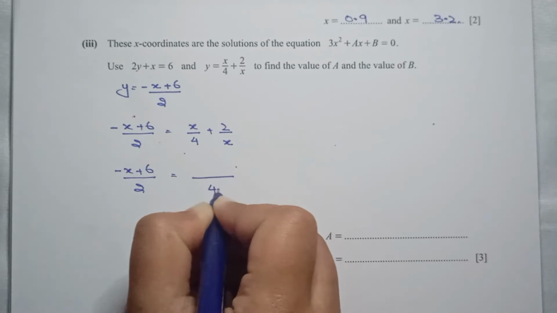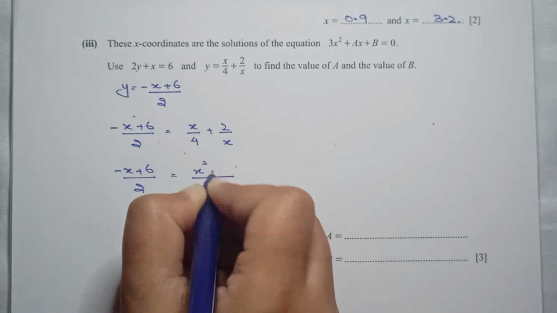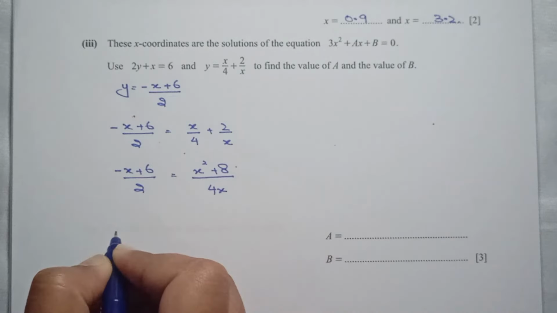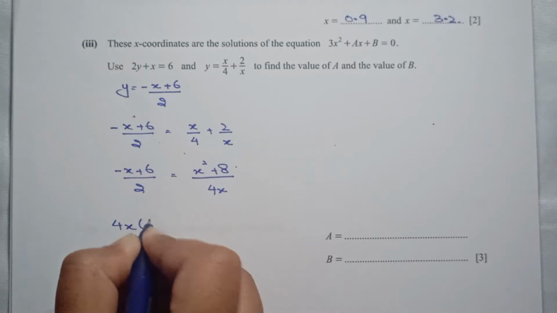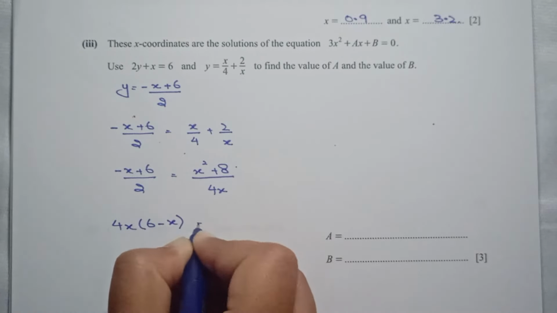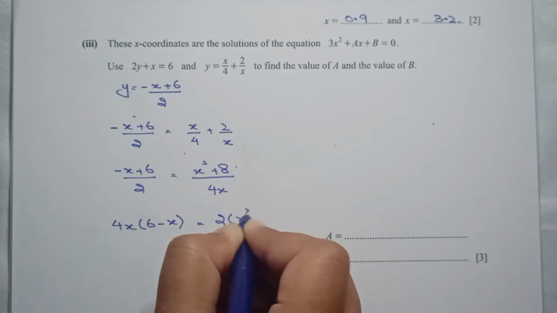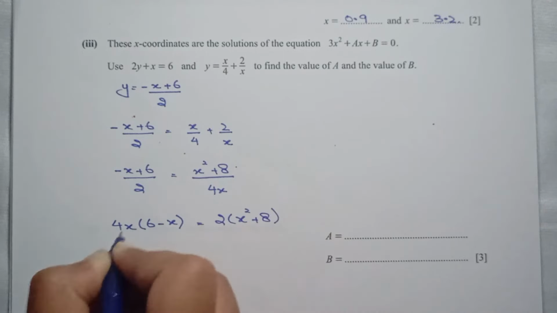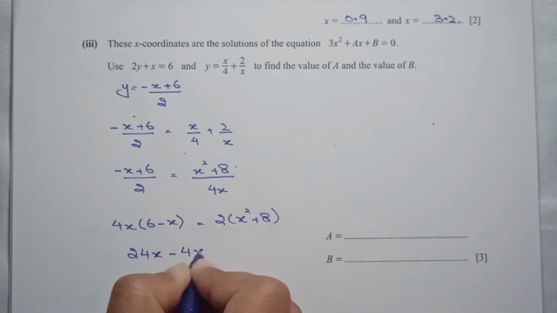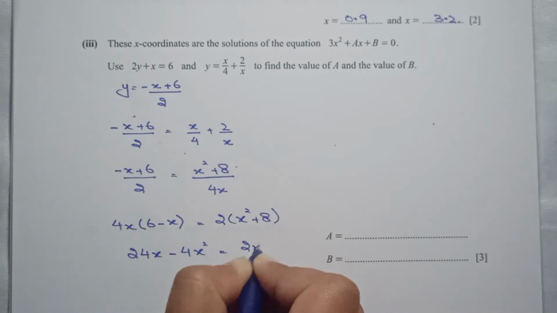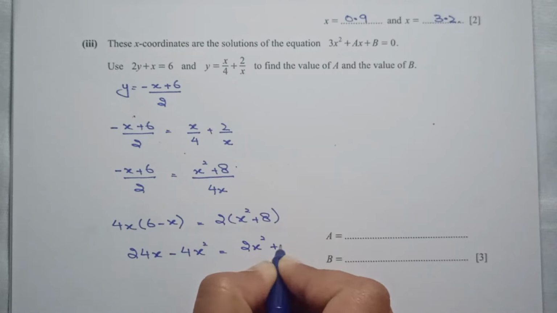Now we have minus x plus 6 divided by 2, and let me take the LCM, 4x, so it would be x square plus 8. Now we are going to do a cross multiplication, so 4x multiplies with 6 minus x, and 2 multiplies with x square plus 8. 4 times 6 is 24x minus 4x square equals 2x square plus 2 times 8 is 16.